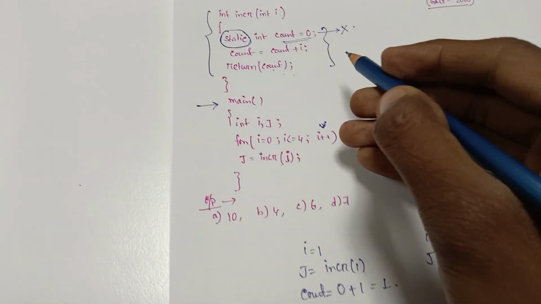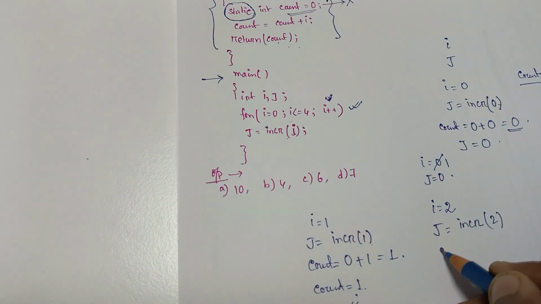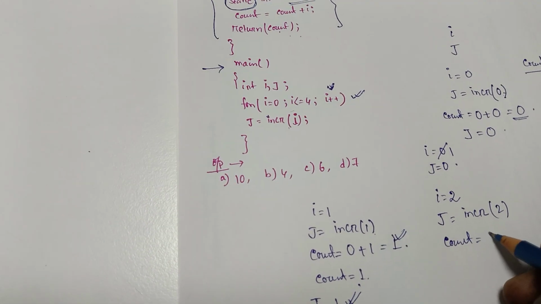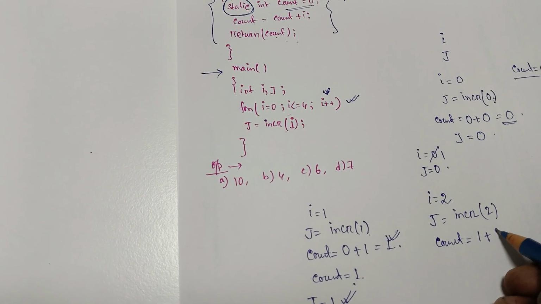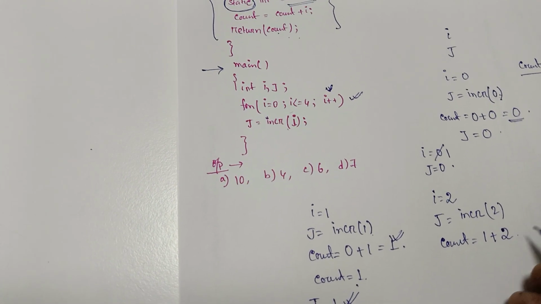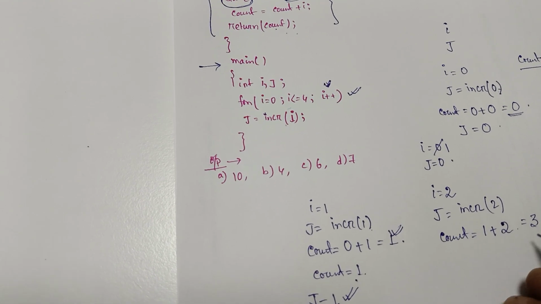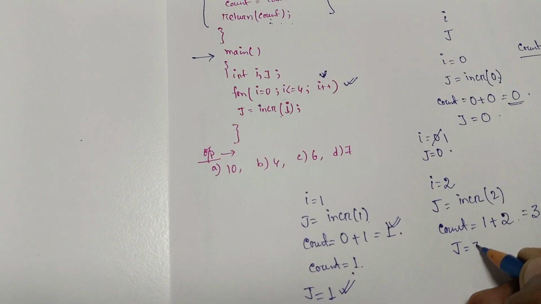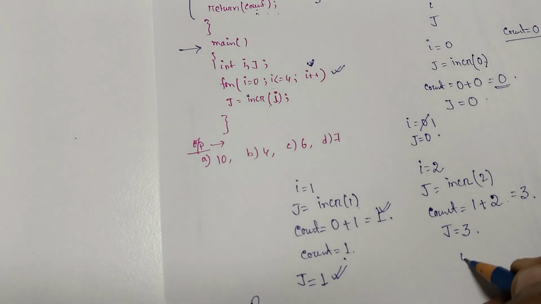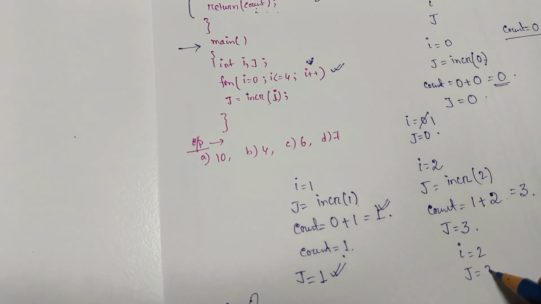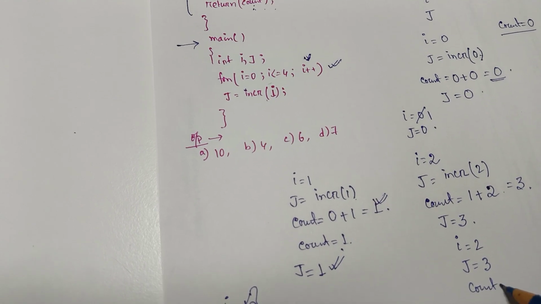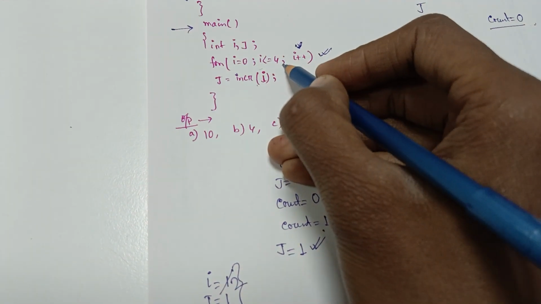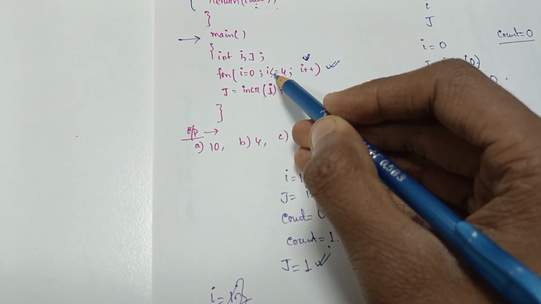The previous count value is 1, plus the new i value 2, so count gets 3. This 3 is returned by the function back to j, so j is 3. Now i is 2, j is 3, and count is 3.